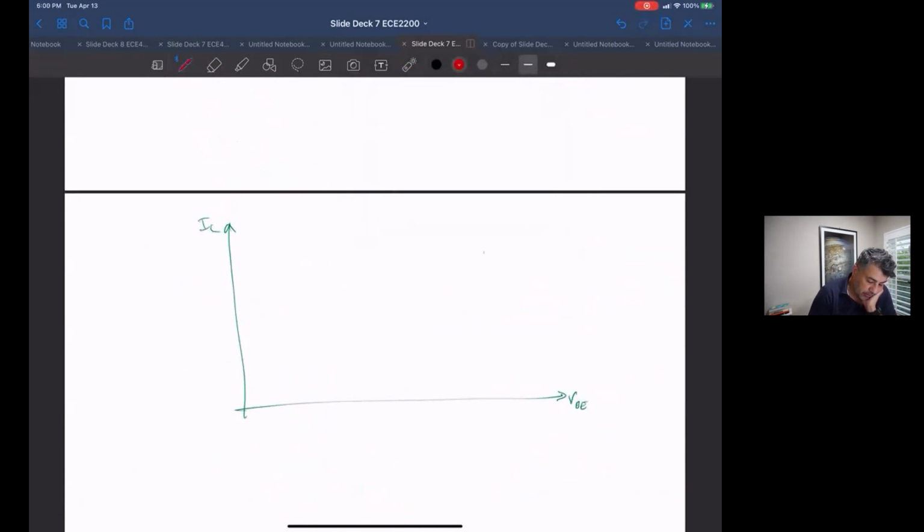If we draw I sub C is I sub S exponential of VBE over VT, we get this exponential characteristic, and when this thing is on, this voltage isn't going to vary very much. It's going to go from 650 to 850 millivolts. It's not going to be like 2 volts. It's not going to be like 300 millivolts.